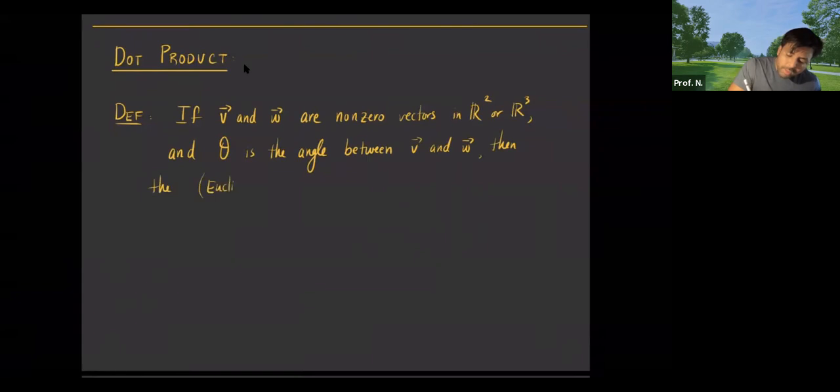We talked about this before, right? The Euclidean distance is the way we defined it using the square root of the sum of the squares.